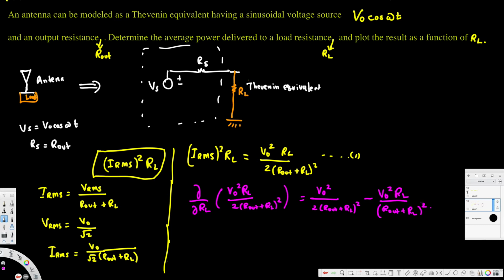Okay, let's go ahead and continue. Here, V0 square over 2 times Rout plus RL square is equivalent to V0 square RL over Rout plus RL cube.